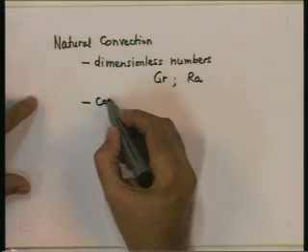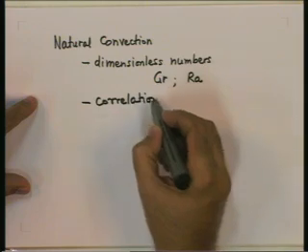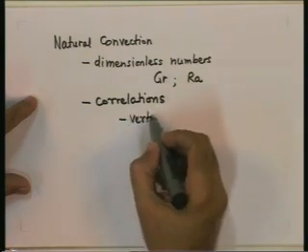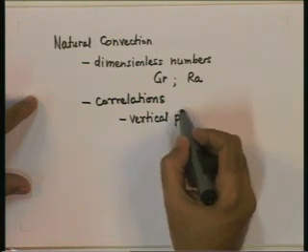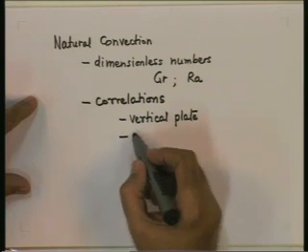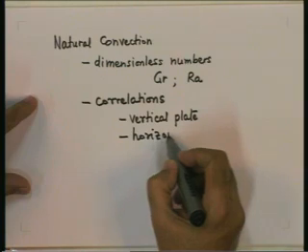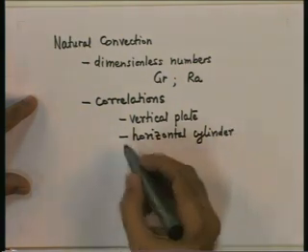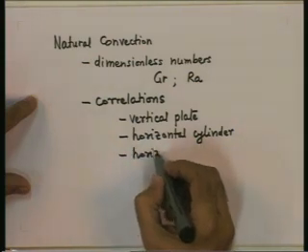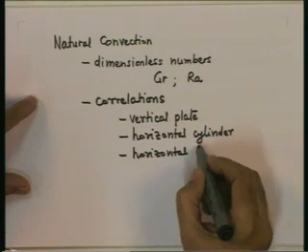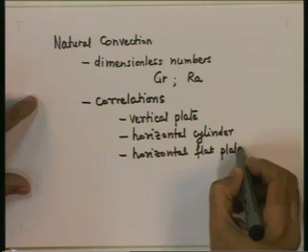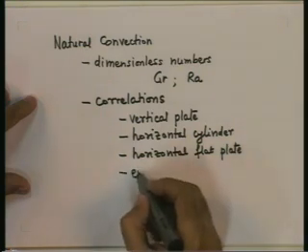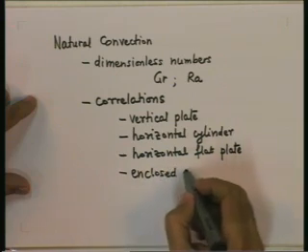Then we looked at correlations, and the situations we looked at were vertical plate, horizontal cylinder, then horizontal flat plates, both facing upwards as well as facing downwards, and finally enclosed spaces.